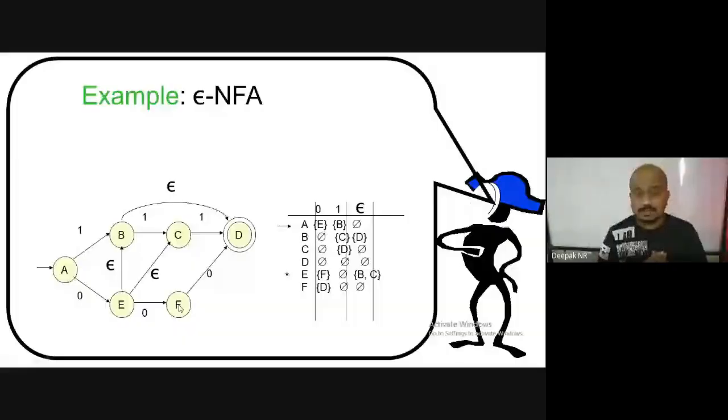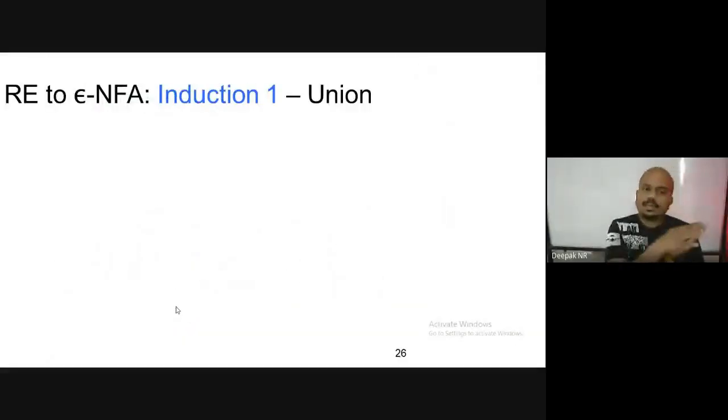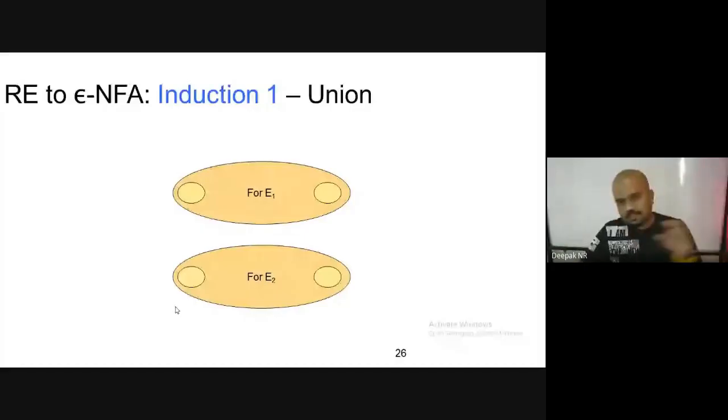Clear? Let me explain a few more things: the theorems or terminologies we represent, from a regular expression to an epsilon NFA. What do you mean by union? Union means joining language E1 and language E2, for example one language which contains the string A, and one more which accepts the string AA.